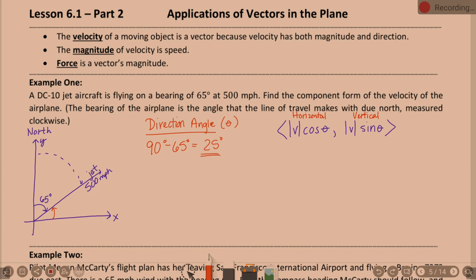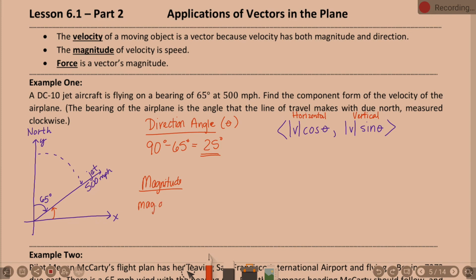Now, the other part we need is the absolute value of V. We need the magnitude. There's a statement up top that's going to help you. Magnitude of velocity is speed.